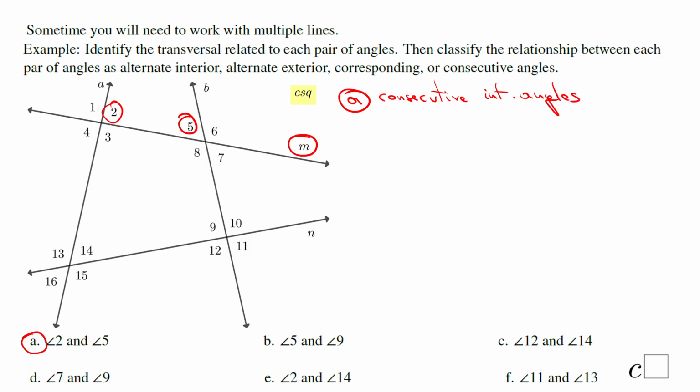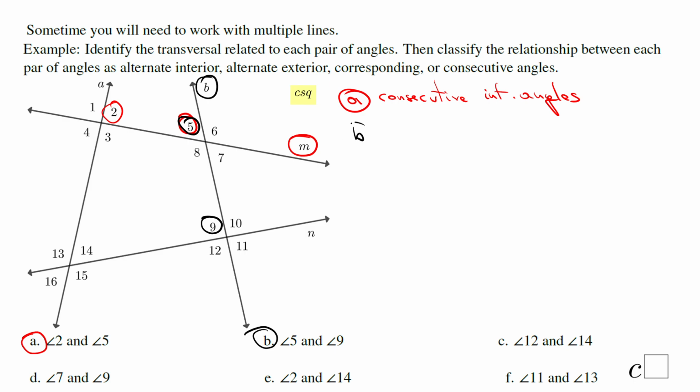Okay, now let's go to B, where we have to look at angle 5 and 9. What do you notice here? The transversal now is not going to be M, it's not going to be N, it's not going to be A, it's going to be B. So very important, first identify the transversal.